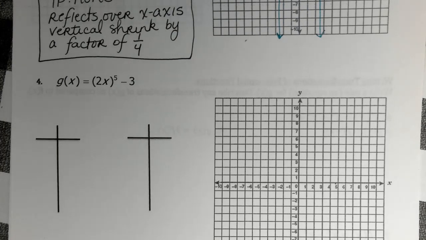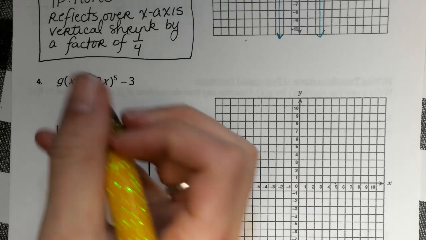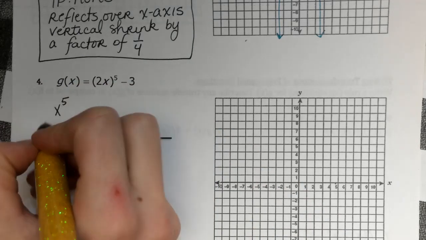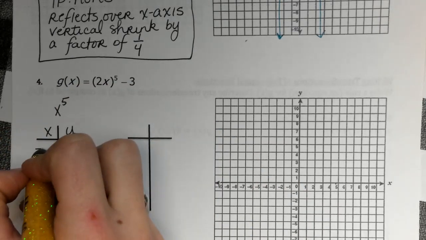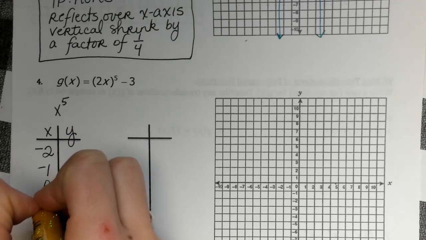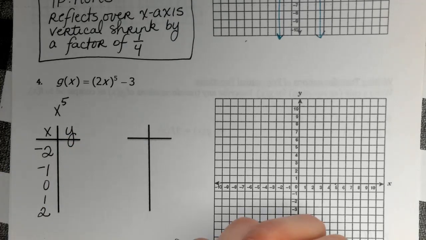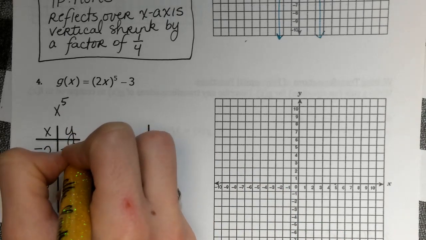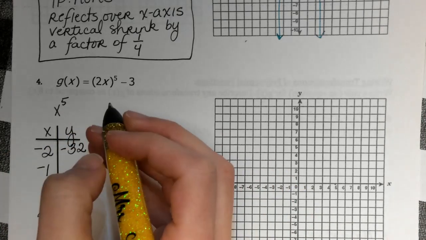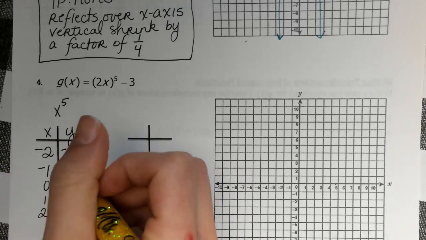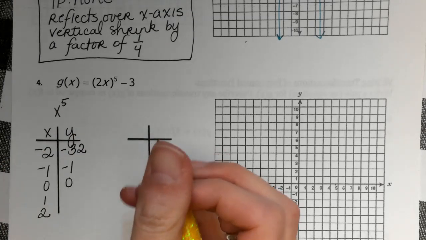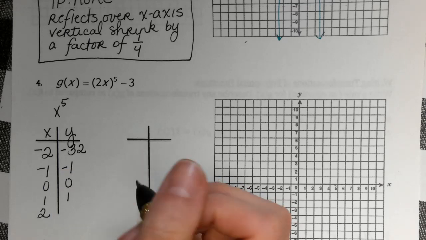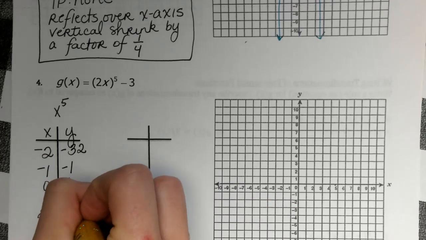Okay, now I have 2x raised to the 5th minus 3. So my parent function would be x to the 5th. So negative 2 raised to the 5th. Negative 1 raised to the 5th. It's negative 1. 0, 1, and then now positive 32.